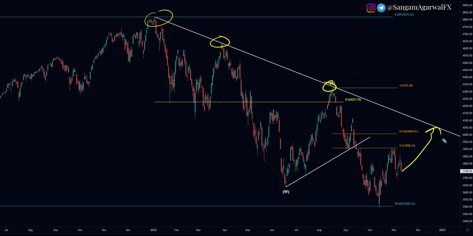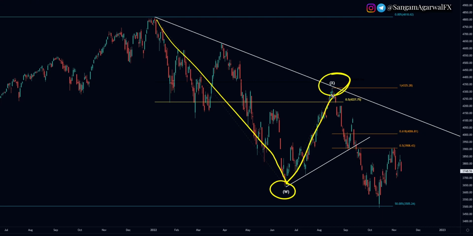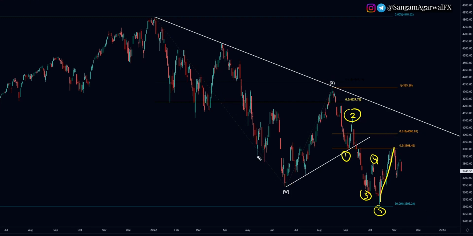If a new high comes, the first target will be this white trend line, and our first key resistance 43.25, because this was our wave W, then correction X, now we are in wave Y, and you can see its sub wave 135, and this was a correction, and this wave Y has made a 50% retracement, so it is ready to make a new low.